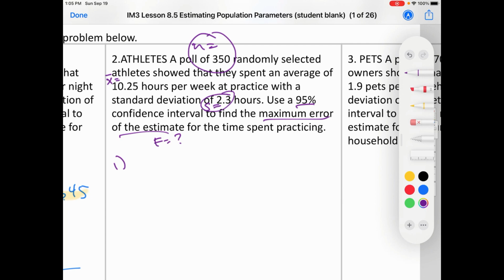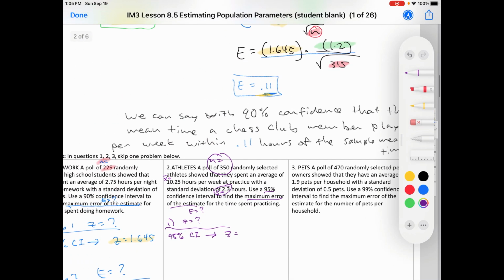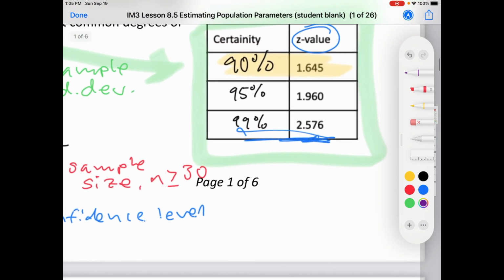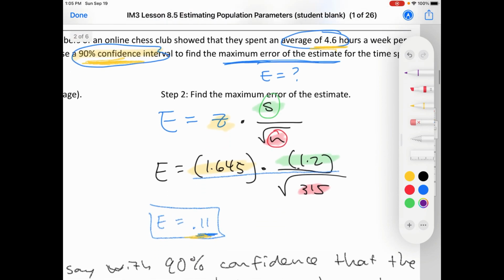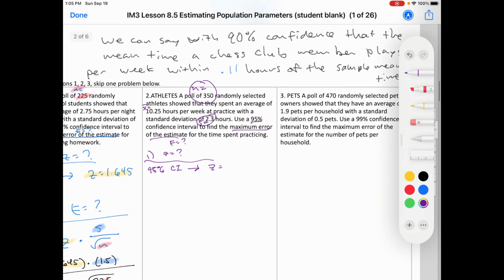So the first thing we're going to do is, what's our Z-score? And this time, a 95% confidence interval basically tells us that Z is 1.960.